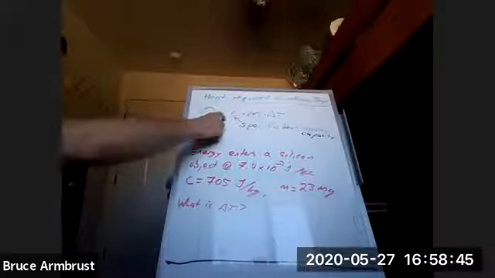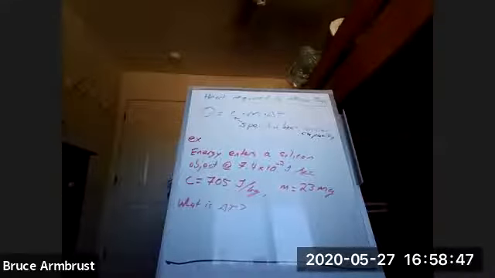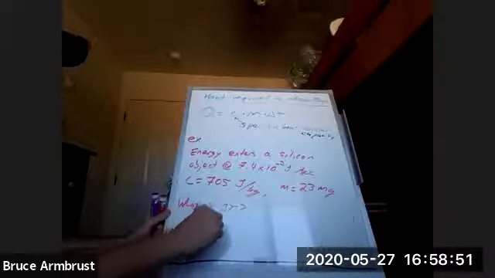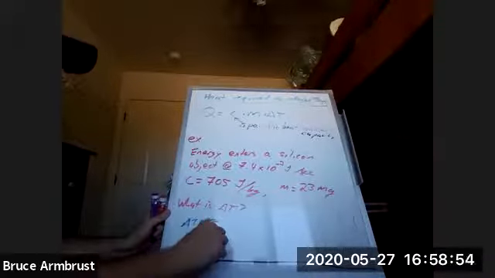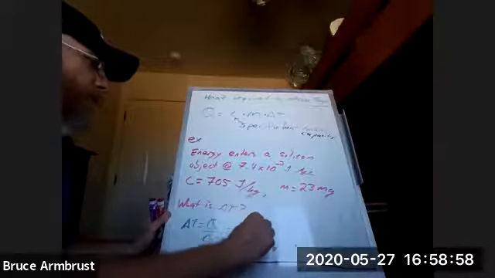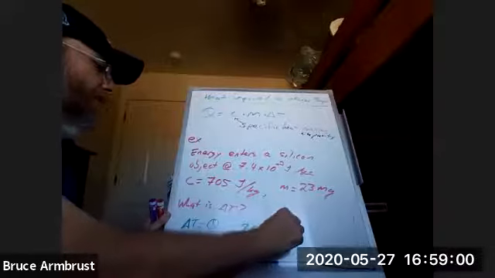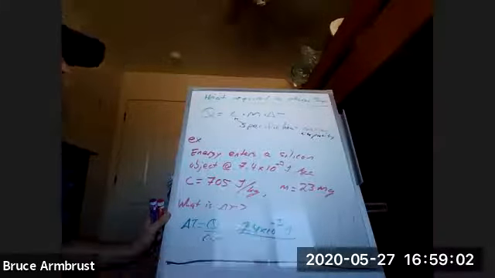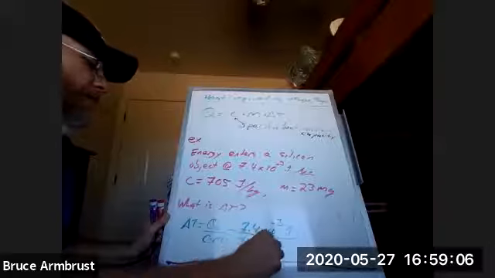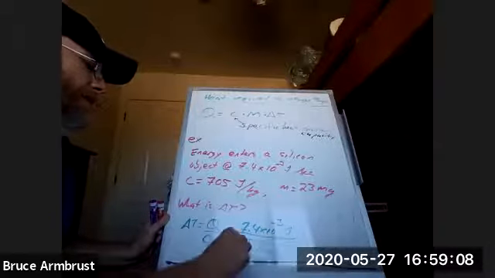All right, well, let's just go up here and we're going to solve this for delta T. So delta T is going to equal Q over C times M. So Q, we're putting in 7.4 times 10 to the minus 3 joules. The C is 705 joules per kilogram.